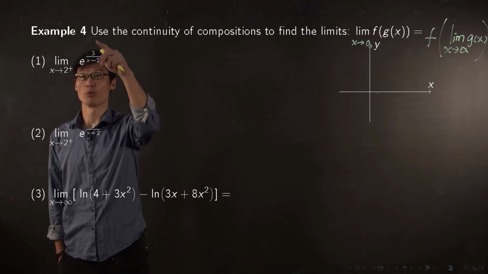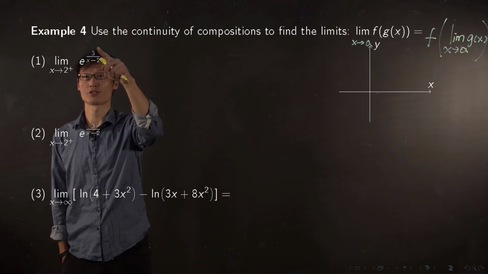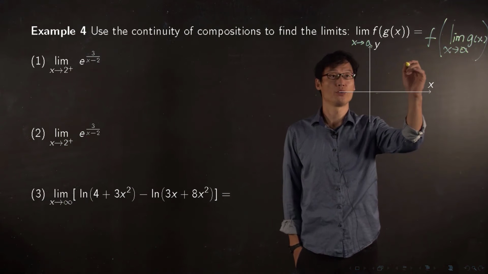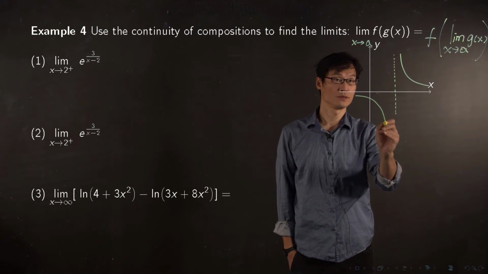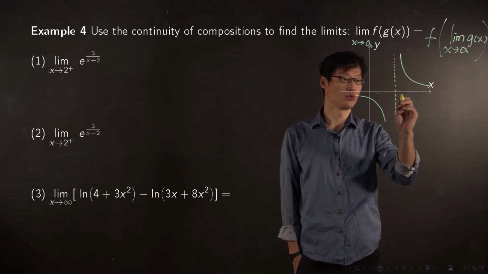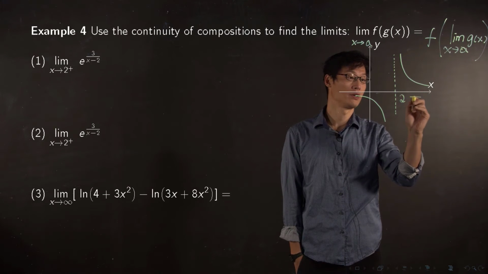So eventually, we need to understand this function 3 over x minus 2. If you plot this function, we have a pair of curves like this, and this is 2. Now our x approaches 2 from the right.